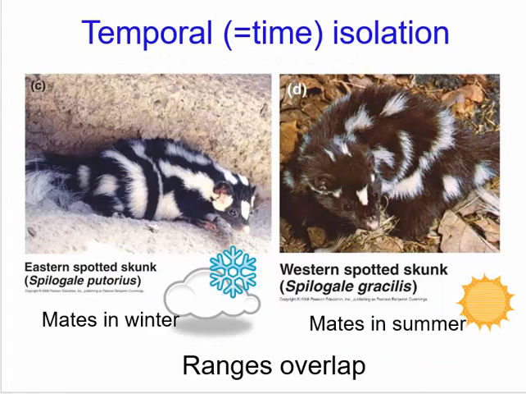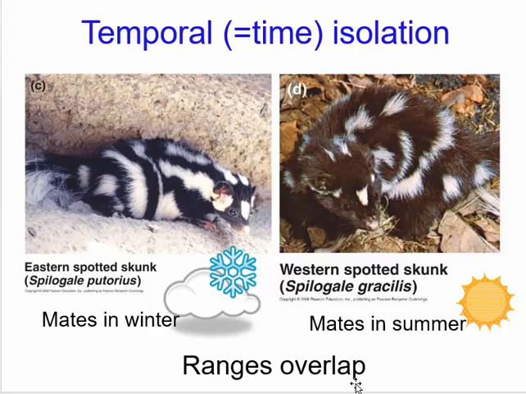Temporal isolation. I will emphasize temporal means time. Sometimes, if you hadn't heard that before, you might think of temperature. It has nothing to do with temperature. It's all about time. The example here would be these spotted skunks. They have ranges that overlap, so there's that potential to interbreed, right?